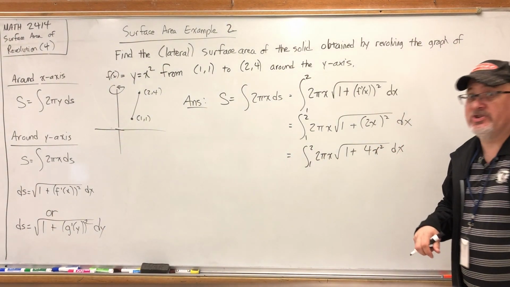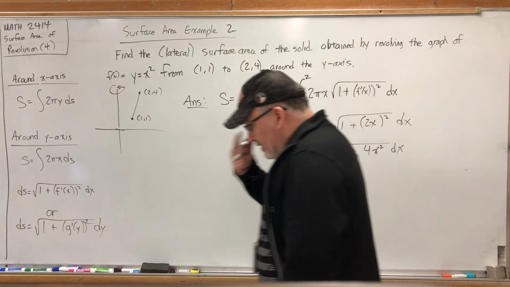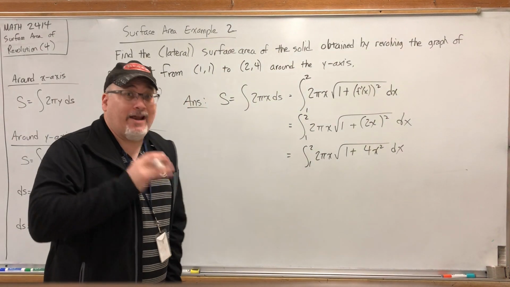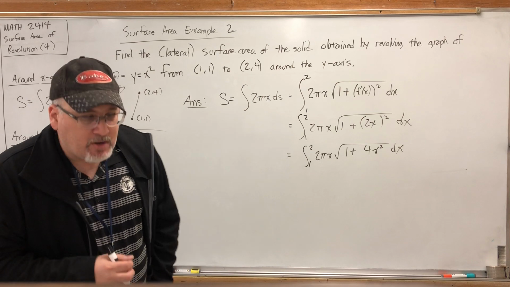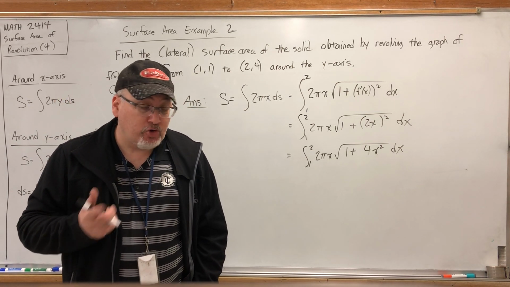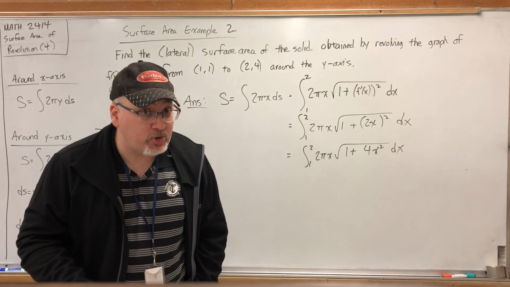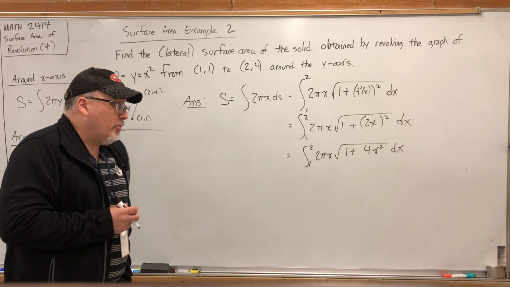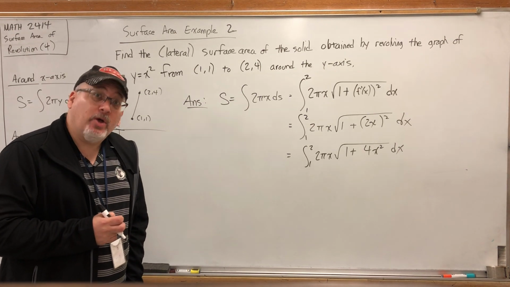And now we have to make a decision on how to integrate this. I want to remind you that we have quite a few integration techniques. We have just flat out rules, this isn't one of them. We have substitution, we have integration by parts, we have trig integrals, we have trig substitution, and we have partial fractions. But you should always ask yourself, can I just flat out do a substitution?